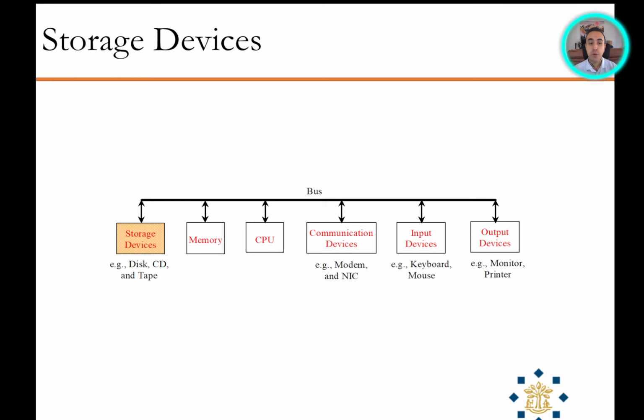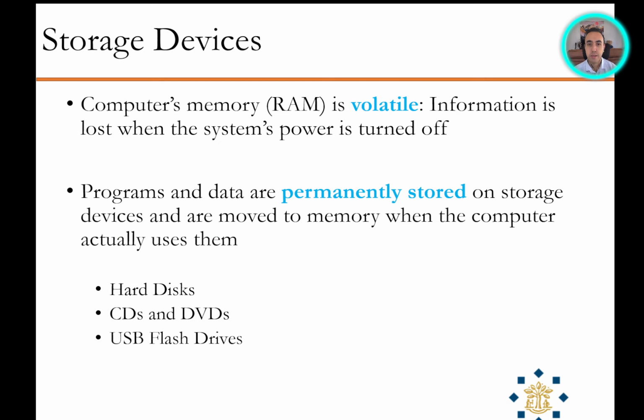And then the storage devices, such as disk, CD, and tape. Nowadays all we have is maybe an external drive. Computer memory, RAM, which we just talked about, is volatile. What does volatile mean? The information is lost when we shut down the computer. When the power is turned off, the computer's memory is basically reset.